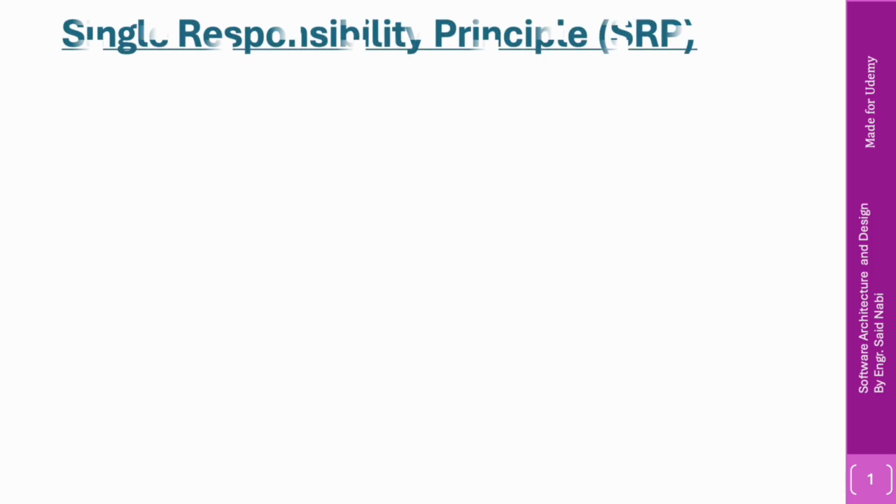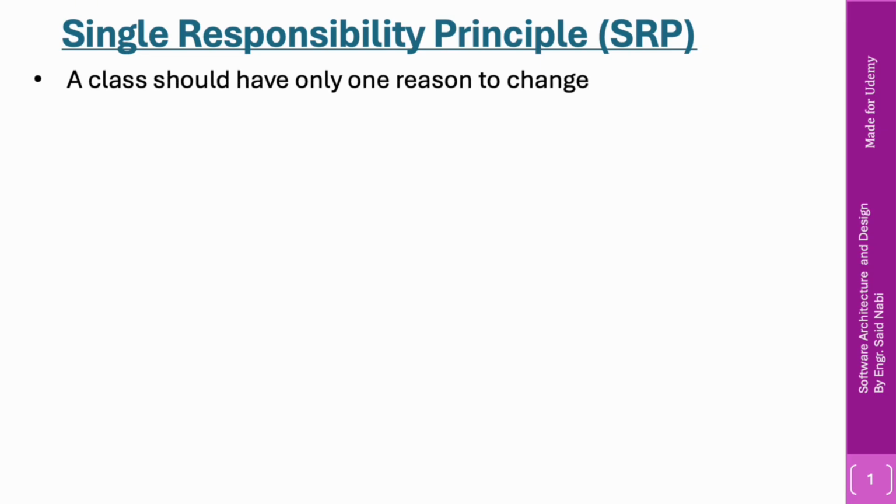Alright, now let's talk about the first design principle of SOLID, and that is SRP, or the single responsibility principle. Because in the word SOLID, the first letter is S, and S stands for single responsibility principle. And that principle tells us a class should have only one reason to change. And this principle is all about cohesion, keeping the elements of a module functionally related.